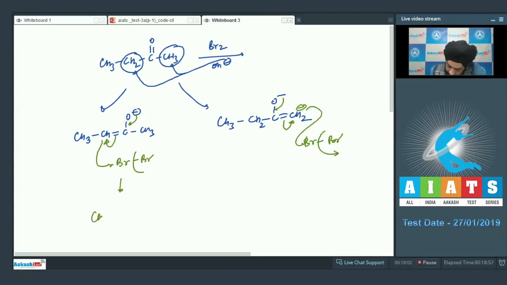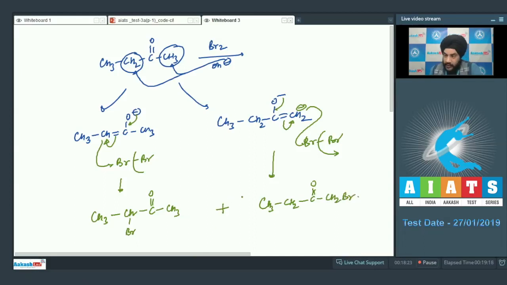So we're going to have the monohalogenation happening at either the third carbon, or at the first carbon. So we're going to have the products which are shown in almost equal amounts.